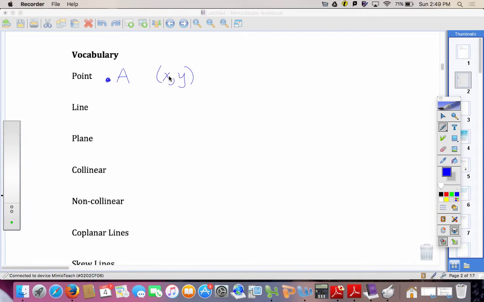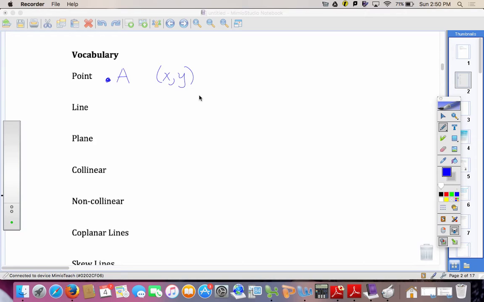So if we're talking about a Cartesian plane, meaning we have an x-axis and a y-axis, then we need to give the x location and the y location. So a location means that it has two different values, if you're talking about that on a Cartesian plane.